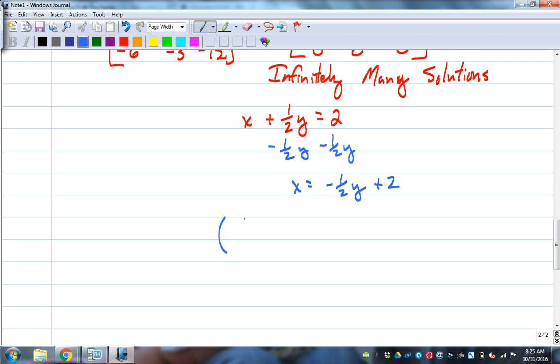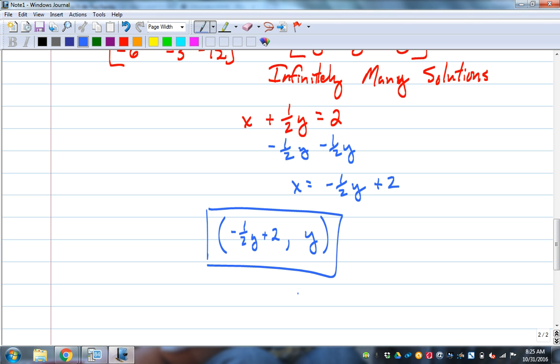So our set of values could be -1/2 y plus 2, comma, y. That's using y as your variable. You could also write it with x as a variable. And I'll specify on the quiz or test which one I want.